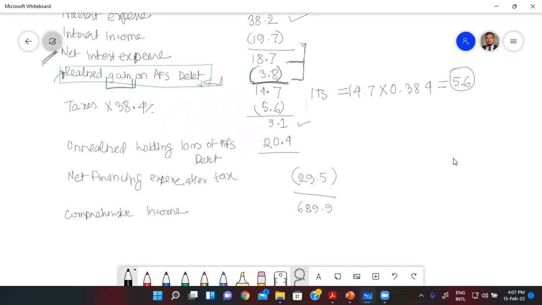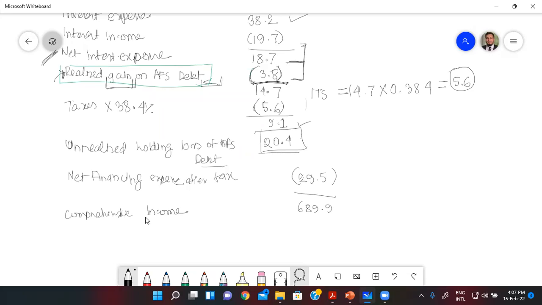So you see that we have some losses which are coming from available for sale. Please look at page number 331 in the statement of shareholders' equity. We saw that there's an unrealized holding loss of the available for sale debt, 20.4.